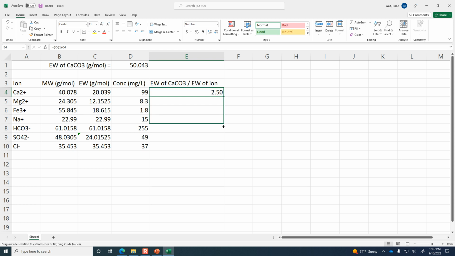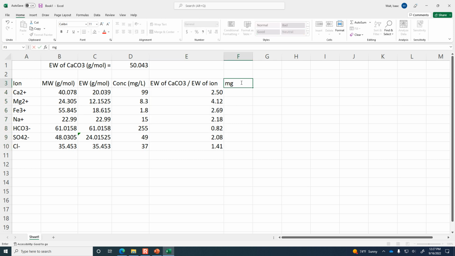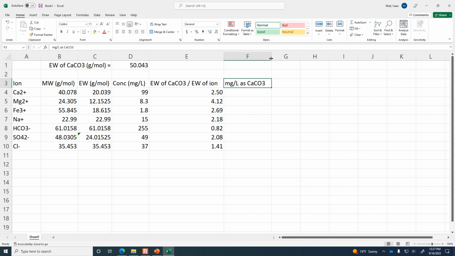So this ratio is what we'll use to calculate the final column, which is going to be milligrams per liter as CaCO3. So it's kind of like our unit of measure is standardized to a species that we understand well, calcium carbonate. Okay, so it's the concentration multiplied by the ratio.